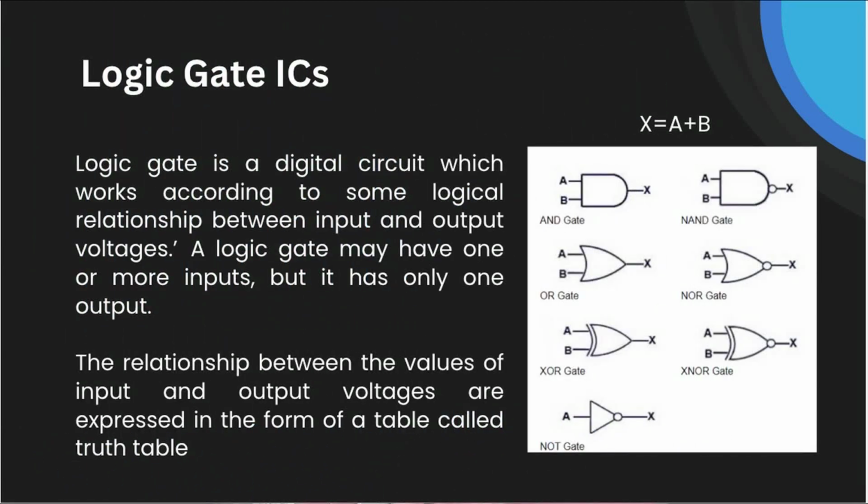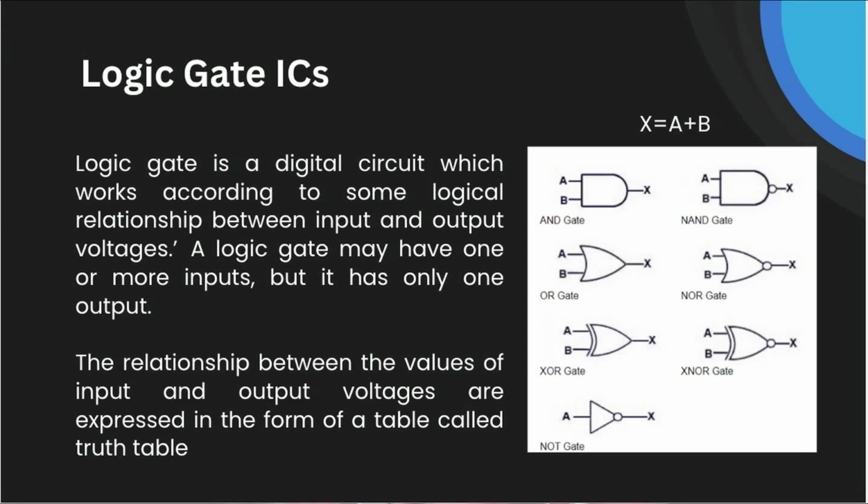So next we'll move to the logic gate integrated circuits. A logic gate is a digital integrated circuit which works according to some logical relationship between the input and the output voltages. A logic gate may have one or more inputs, but it has only one output. The relationship between the values of input and output voltages is expressed in the form of a table which is called a truth table.